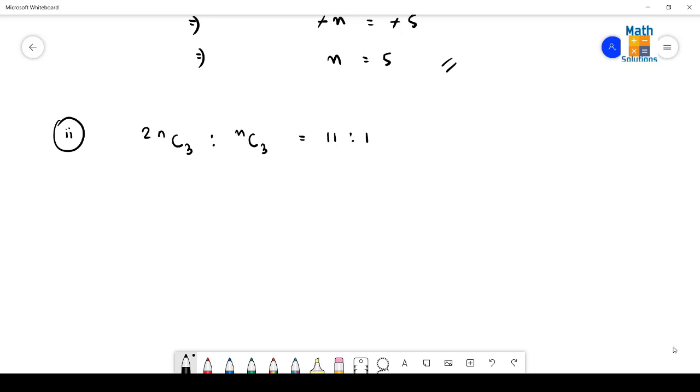So in the same way as we did the previous sum, we can do this one. So I think you can try yourself. Please try this one yourself.